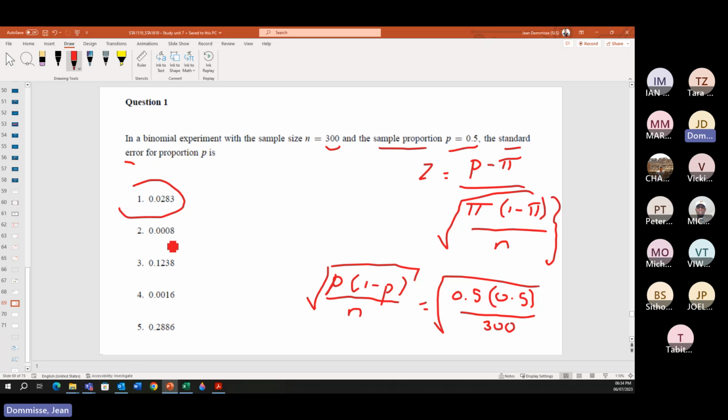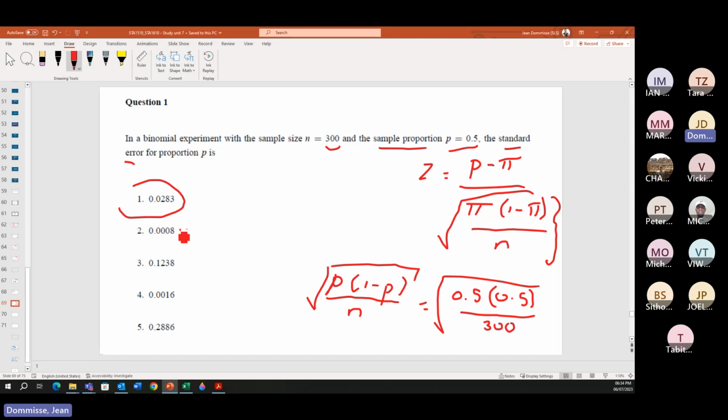I wonder how they, let's quickly, I just want to take the square root out to see if, so if you didn't square root it, the option would have been option 2.